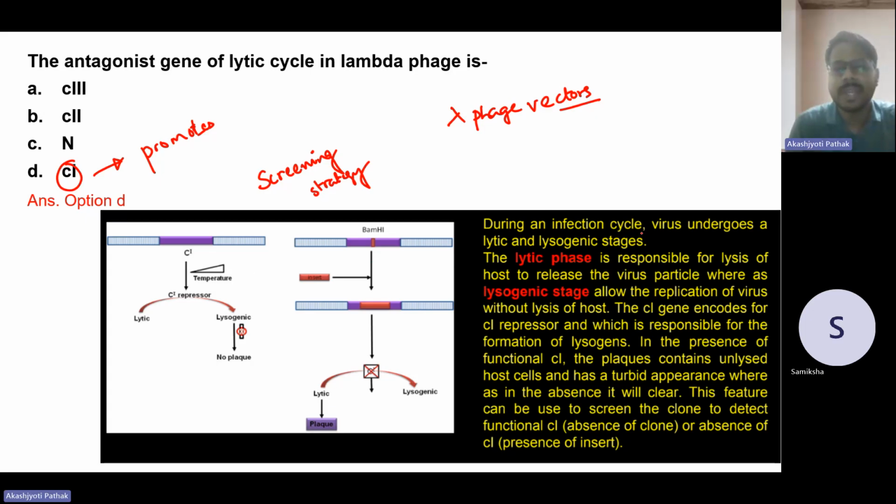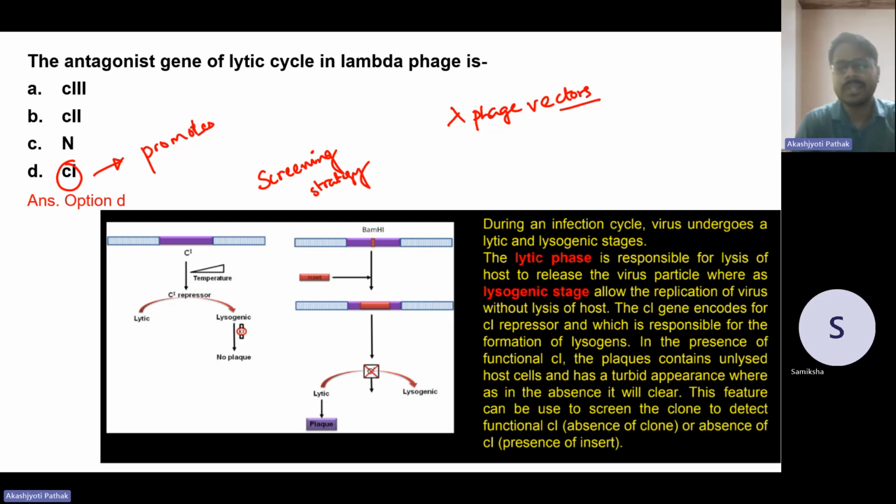During an infection cycle, a virus undergoes lytic and lysogenic stages. The lytic phase is responsible for the lysis of the host to release the virus particles. So the host cells are lysed and the viral particles are released from the host cell.